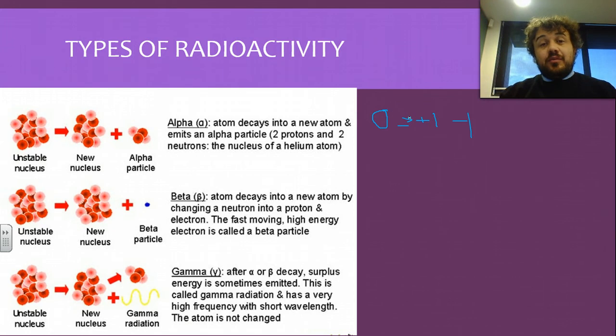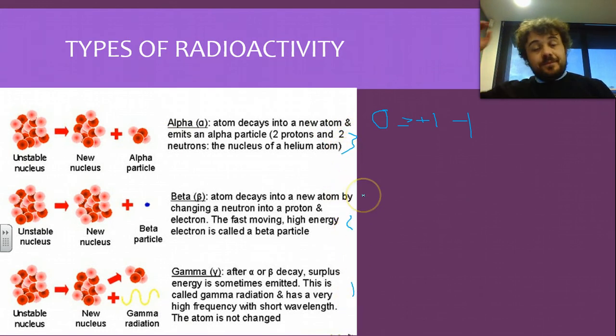It changes a neutron into a proton and an electron, and the electron flies off, and that is a beta particle. So a beta particle is small and high energy, higher energy than an alpha. So the order of energy goes 3 to 1. It has high energy and it flies off the atom, and that's an electron, a beta particle.